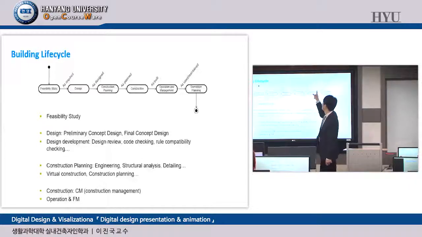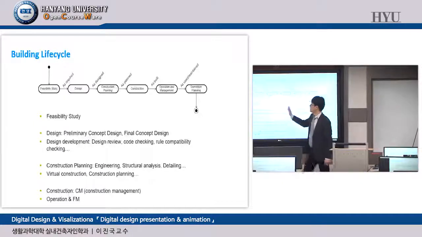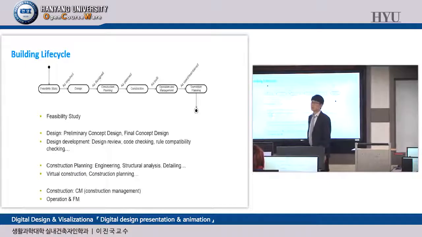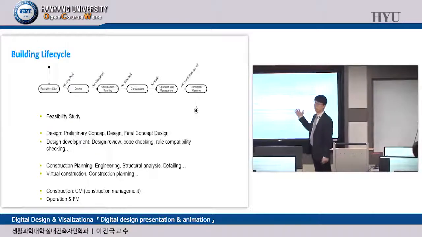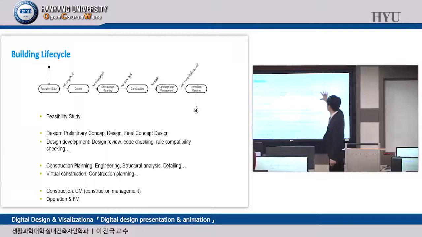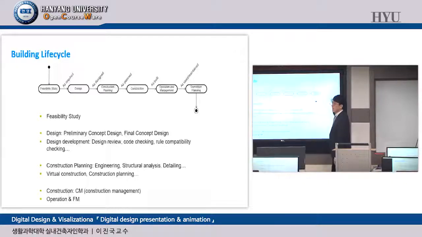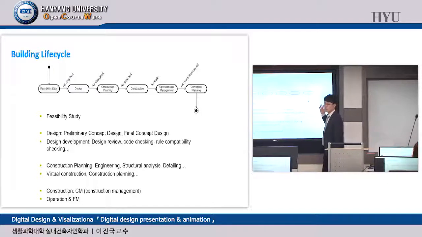After as-built, now we have a new building, okay? So this is the real world and this is the virtual world. So we need to separate them, but we need to take care of what we need. Even in this part, we still need a digital model. We have exactly the same digital model here, and we can manage the building in computers in a digital way for the real world product.